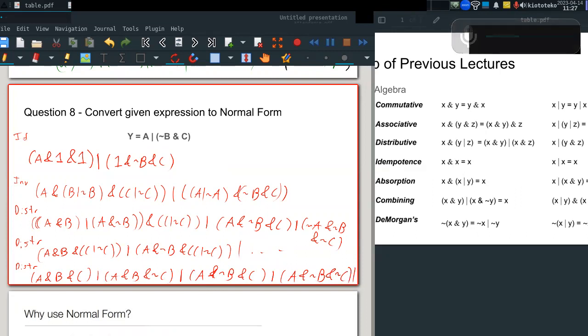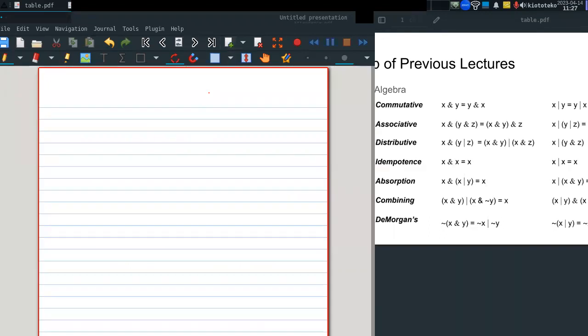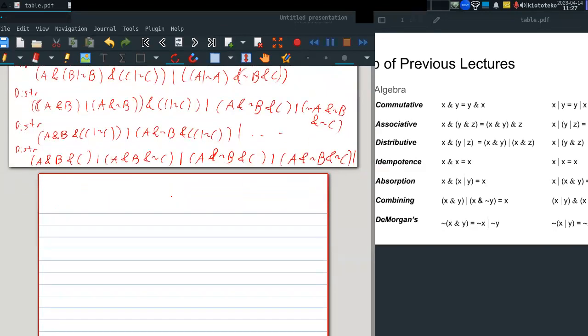everything else, no? So we have 1, 2, 3, 4, 5, 6 terms, no? Which are these ones and these two, no? But can we somehow reduce, like, you can see there are some repeated elements, no? And what happens if we have repeated elements? What property can we apply?